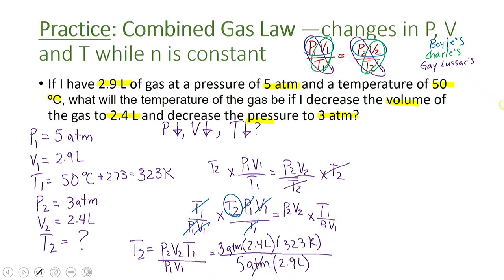Our atmospheres cancel, liters cancel, and I'm left with, let's say, 160.39 kelvins. Let's convert this back into Celsius. So I have to subtract 273. That gives me negative 112.61 degrees Celsius.